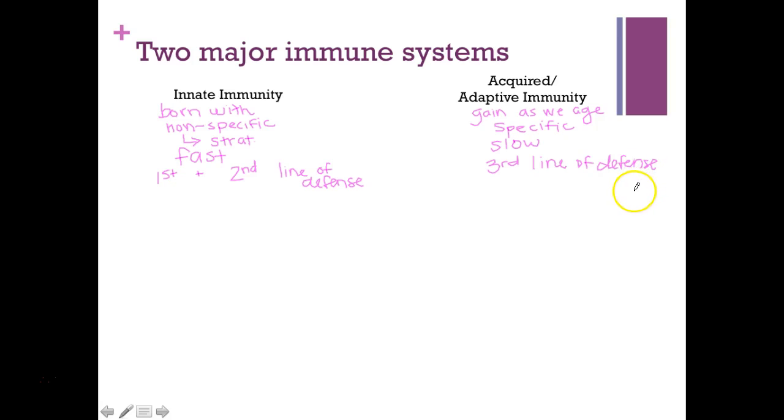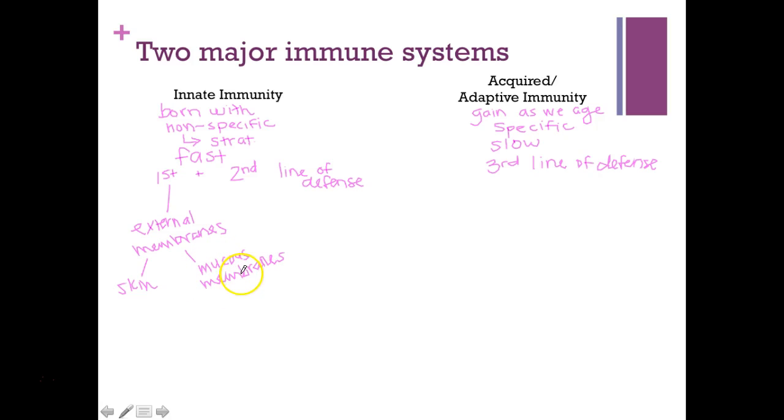All right, now that we have our summary written for each of these, I just want to touch a little bit on what the first, second, and third lines of defense are and what they involve. First line of defense: this consists of external membranes. What does this mean? It means that we use our skin and our mucous membranes, the membranes that line our digestive, respiratory, urinary, and reproductive tracts.